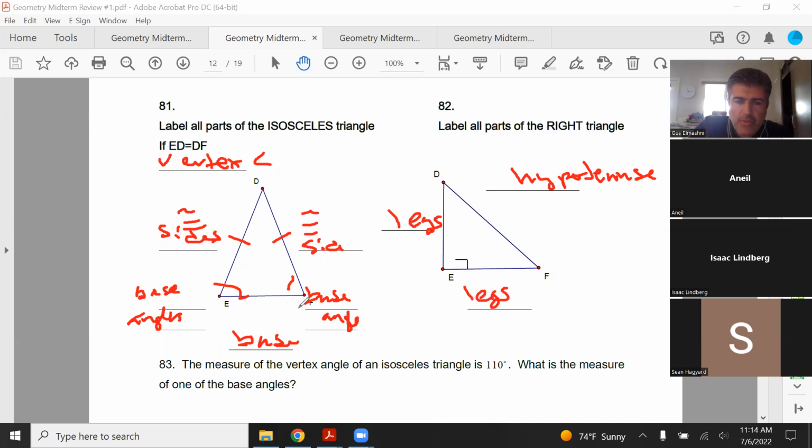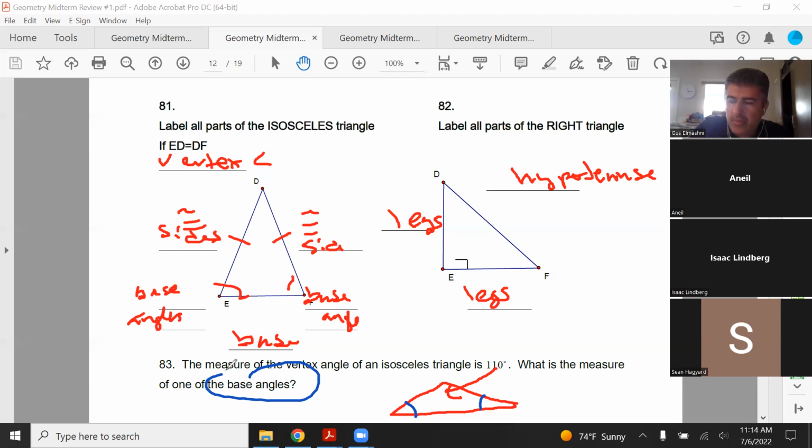For 83, the measure of the vertex angle is 110. So that'd be 110 degrees. So what you need to do is you got to figure out the base angles. If someone could please put in the chat what they think the measure of each base angle is, that'd be great. Remember, you have 110 for vertex angle.